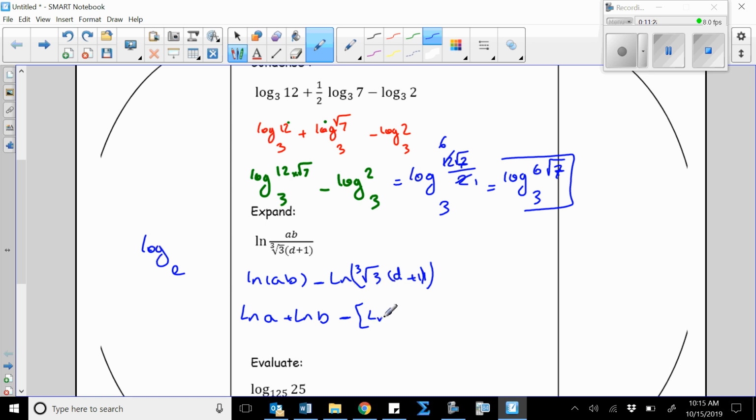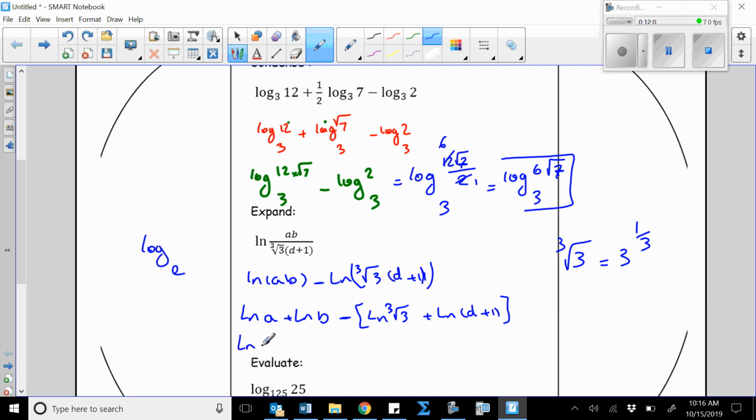So this will be natural log of cube root of 3 plus natural log of d plus 1. The next step is to work on this natural log of cube root of 3. We know that cube root of 3 is actually 3 to the power of 1 over 3. So there is a power here. I can move the power in front of the log.